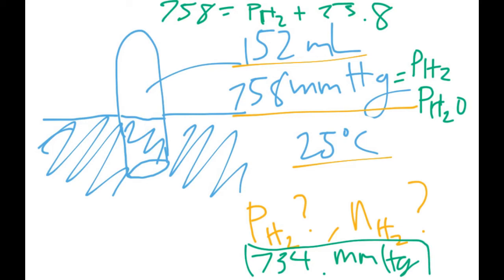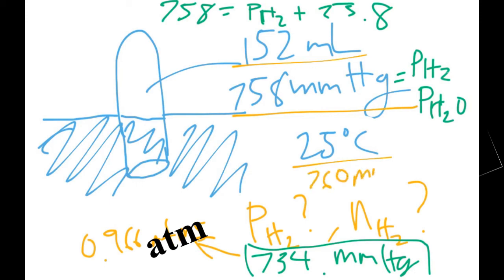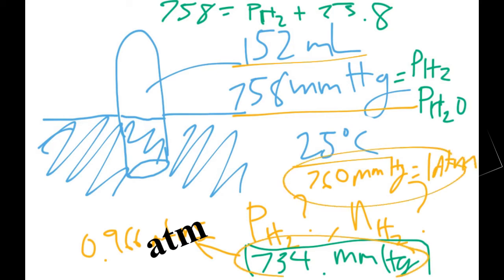Now, if we convert 734 millimeters of mercury into atms, then we get 0.966 atms, because if you remember the conversion factor, 760 millimeters of mercury is equal to 1 atm exactly, and all I did was divide this by 760 to get 0.966.